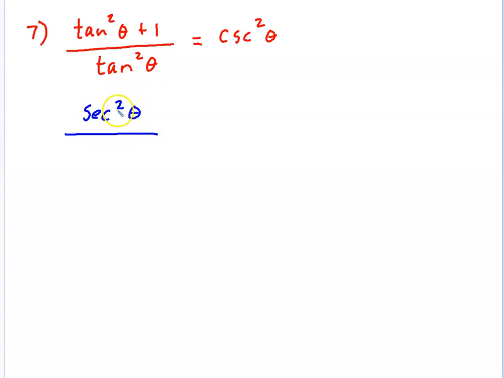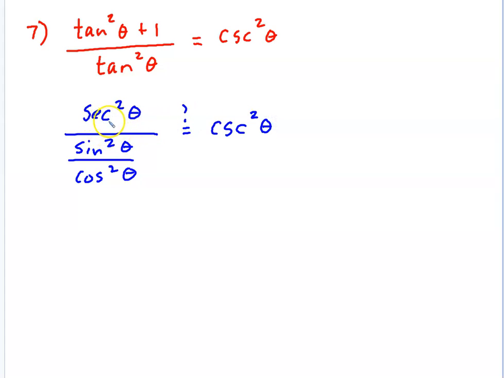And let's just go ahead and think of tangent using the quotient identity of sine squared divided by cosine squared. And I'm trying to make this equal cosecant squared.